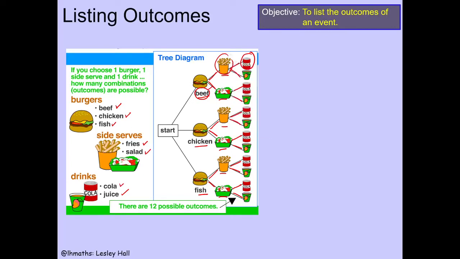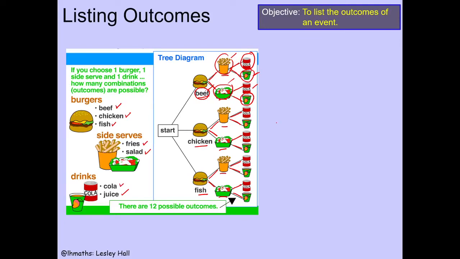Beef, fries, and juice. We don't have the juice yet. So, it could be beef, fries, and juice. What if I'm gonna have beef, salad, and cola? It could be beef, salad, and juice. The same thing with the other combinations.